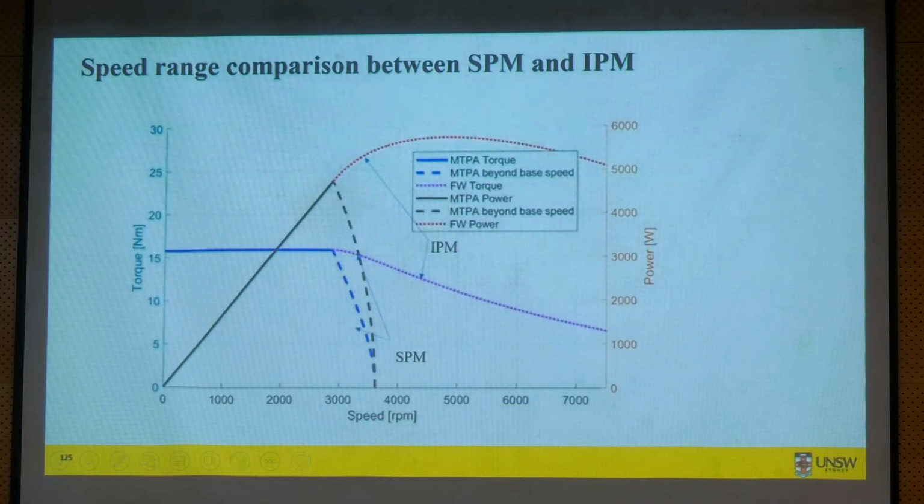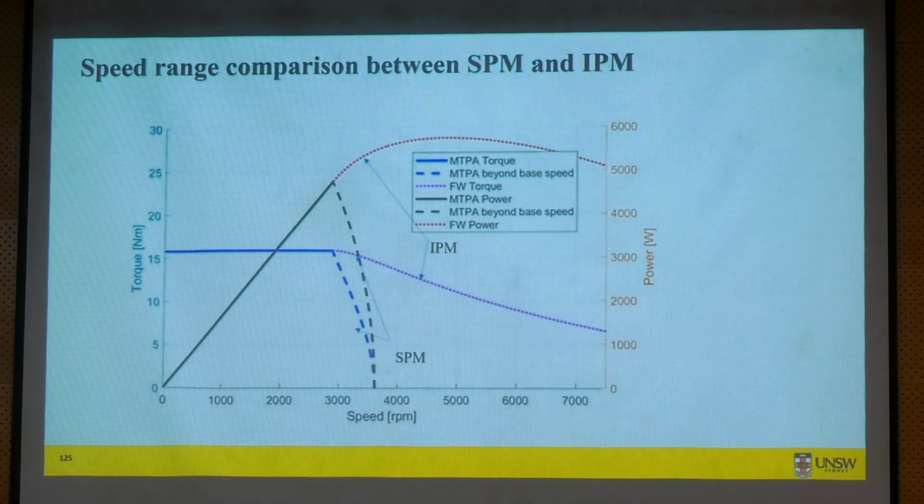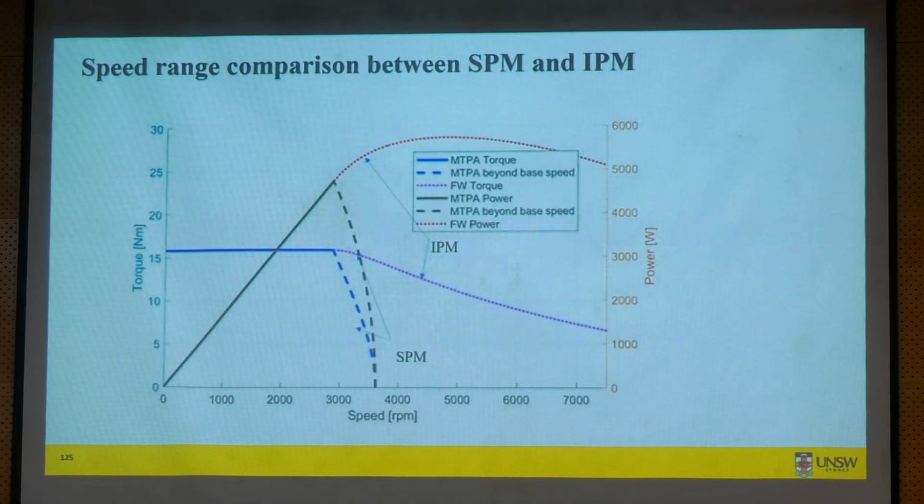Okay. Here you can see some comparison of the torque versus speed performance of an IPM and an SPM. Both of them are operating under maximum torque per ampere, or MTPA. We'll talk about that again later, but you can see here the flux weakening range.